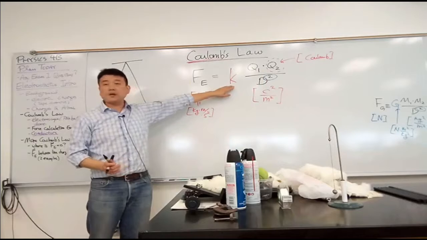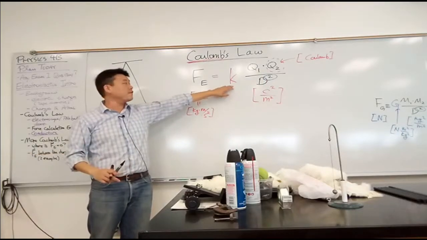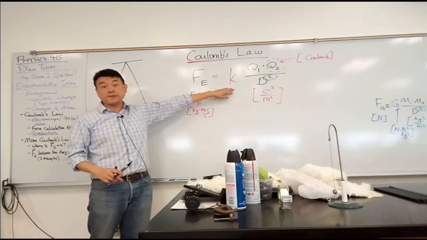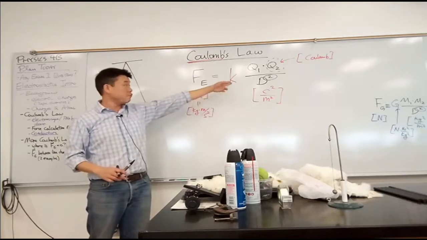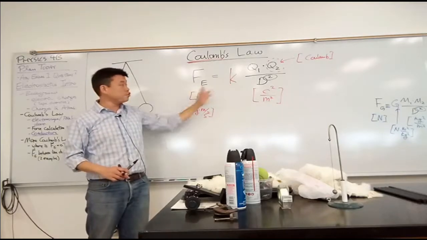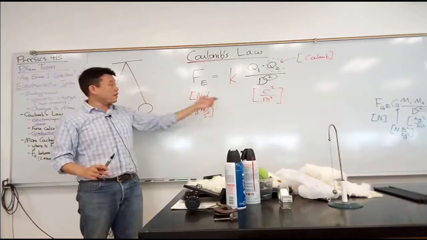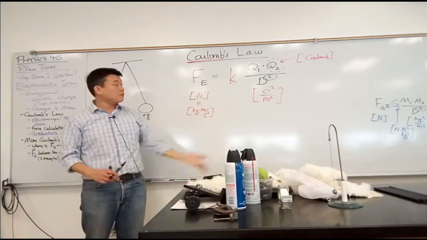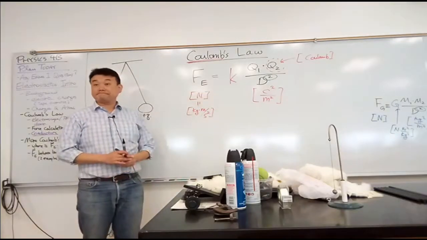This is a constant that we are going to use only for a short while, and eventually we'll replace it with something more fundamental. But we need a constant here to make the units come out right and to have the correct number. So what should the unit of K be?